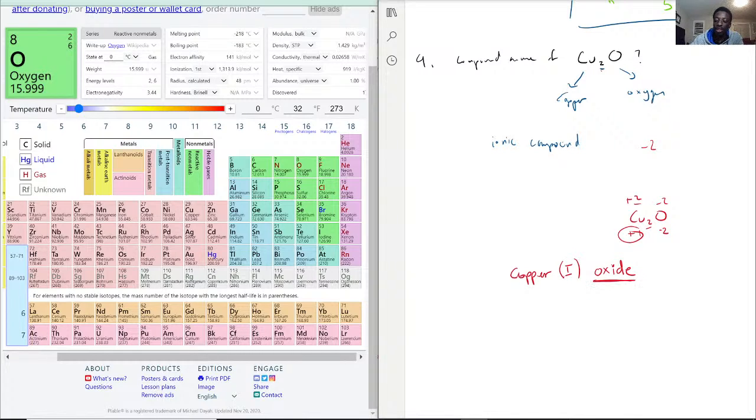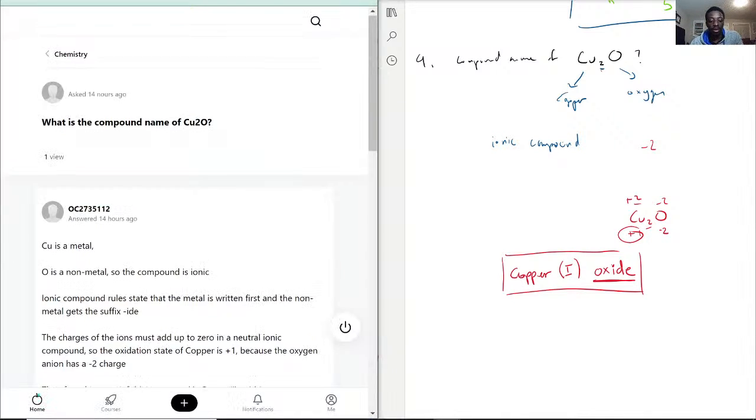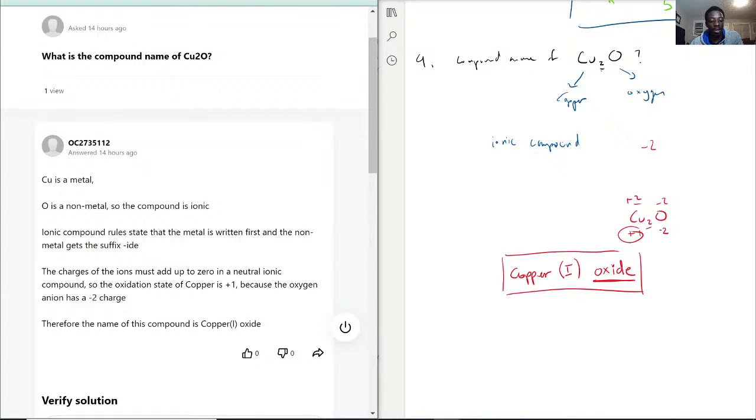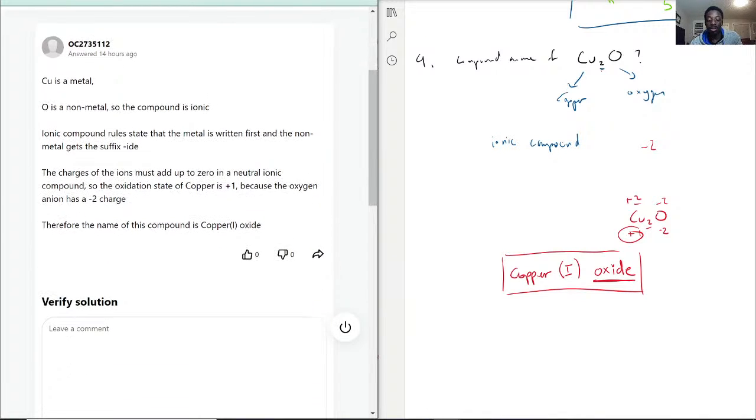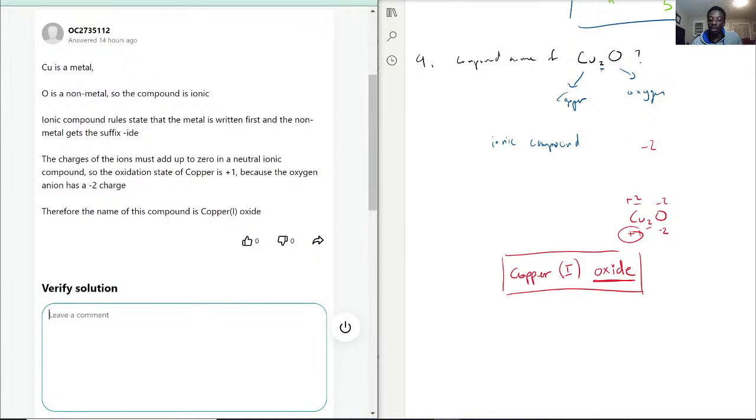This is how you finish off the anion part of naming. So the compound name for Cu2O is copper 1 oxide. Let's see here. Yep, it's ionic. Copper's +1 because oxygen is -2, and we get copper 1 oxide. This is correct.